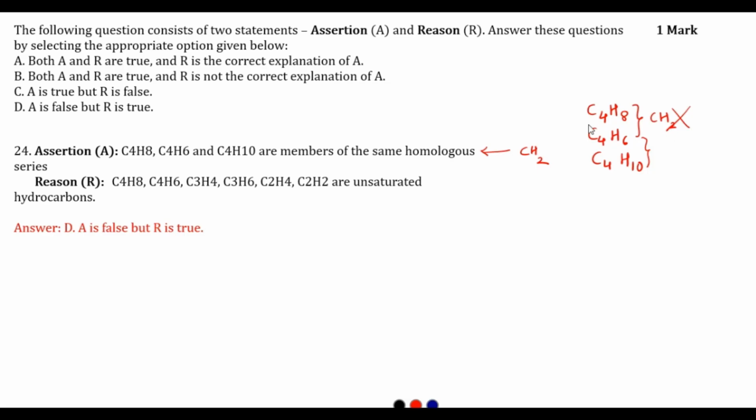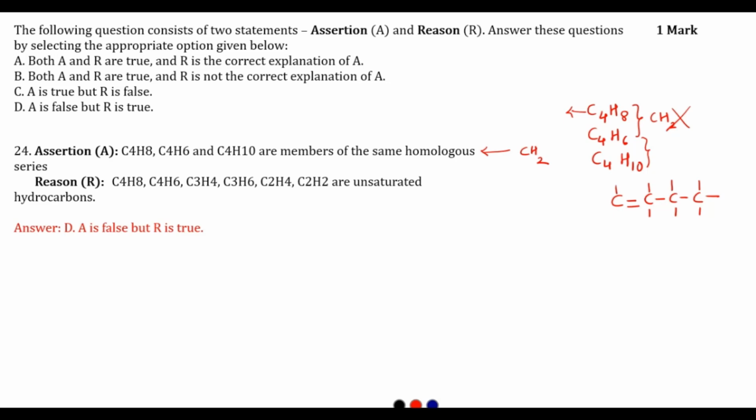If I want to tell you in detail, C4H8 is nothing but this: I will take 4 carbons and then adjust 8 hydrogens, 1, 2, 3, 4, 5, 6, 7 and 8.